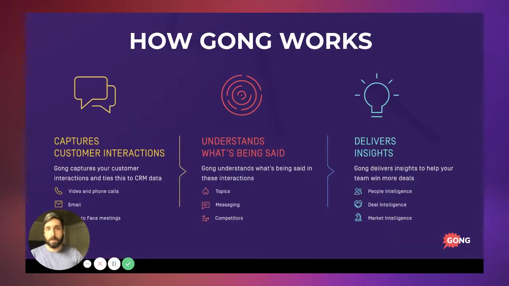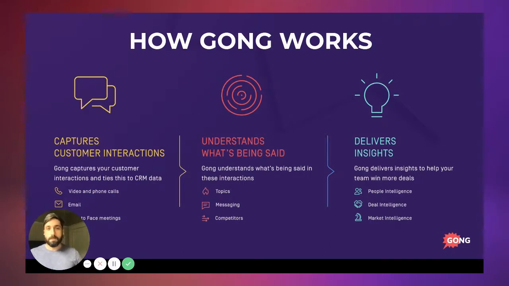If you're not familiar with Gong, think of Gong as an analytics platform that allows product marketers to search all of their customer interactions to find insights. And when I say interactions, I mean video calls, phone calls, email, and even face-to-face meetings that were captured with some digital recorder.